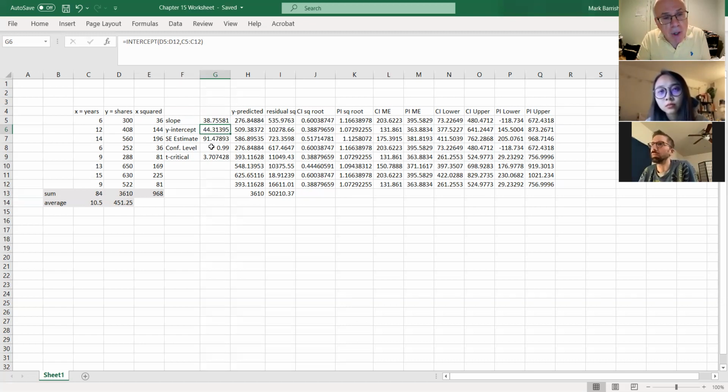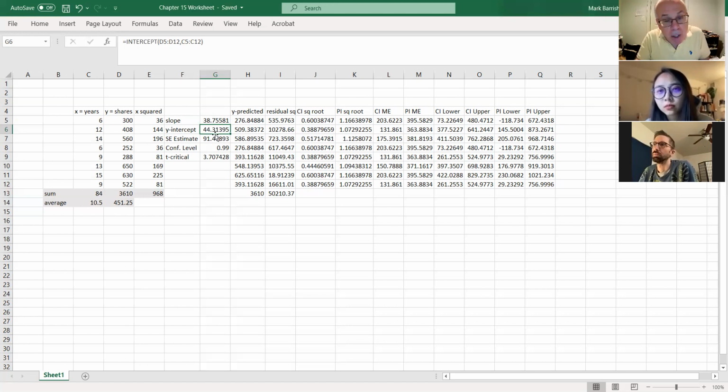And notice that Minitab rounded it to 44, but it's actually 44.31395. That's not very good rounding in my book, all right? That's pretty bad rounding. All right, so that is the y-intercept. I left it at 5 decimal places, but if I made that column in Excel wider, there'd be more decimal places, but that's good enough.